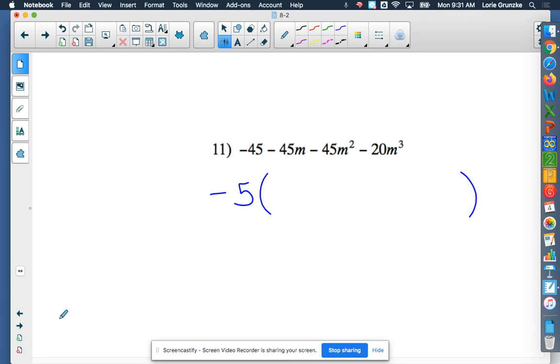Take a negative 5 out of negative 45, I get 9 left. Take a negative 5 out of negative 45m, I get a positive 9m. Take a negative 5 out of negative 45, I'd get another 9. This one's m squared. Take a negative 5 out of negative 20, I get 4m cubed. I kind of wish I wouldn't have put that one on there, but I did it for you. That's the correct answer.